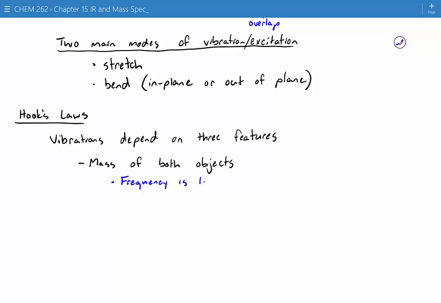Frequency is lower with heavy atoms. Conversely, the frequency is higher with light atoms.